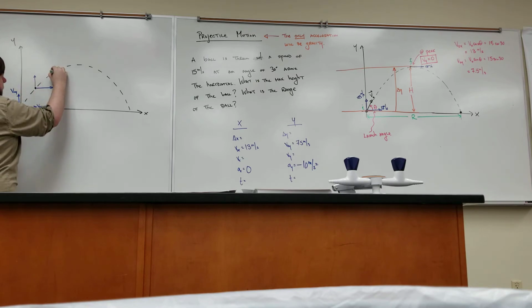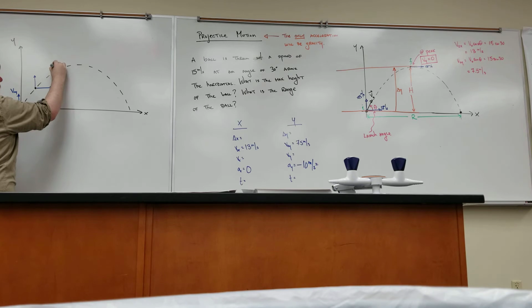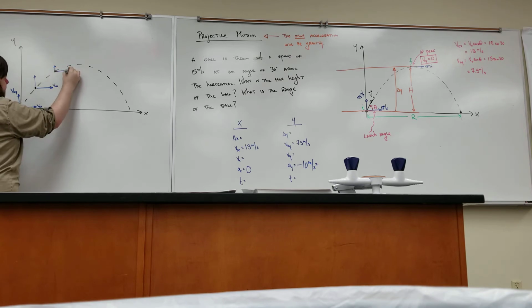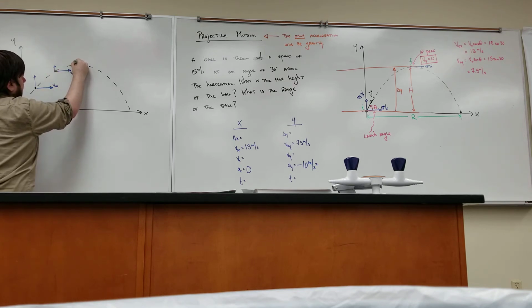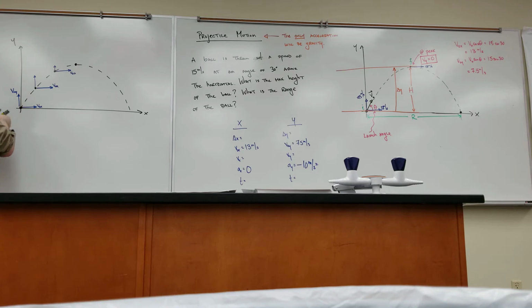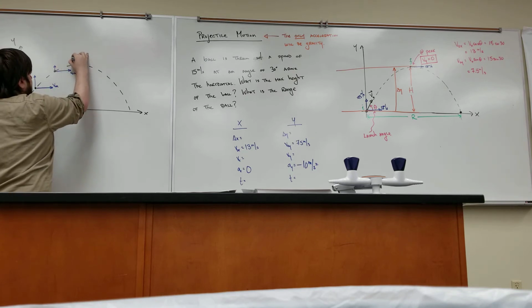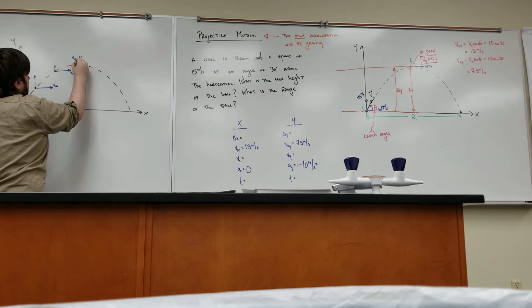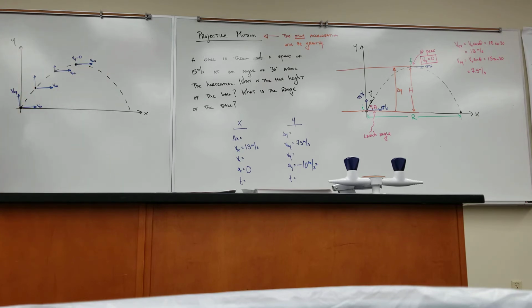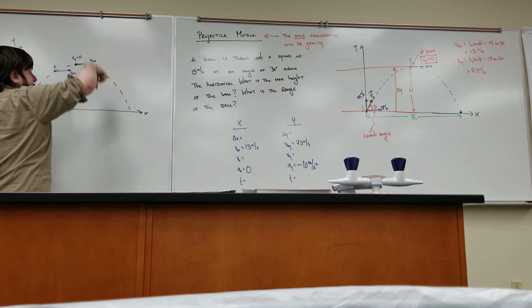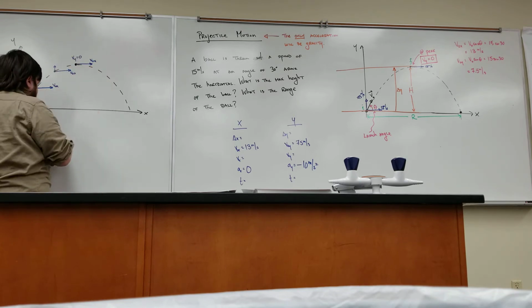When it's here, the y velocity is going to be even smaller, but the x velocity is going to remain the same. At the peak, the y velocity is 0, and the x velocity is the same. As it drops down, it starts gaining a y velocity downward.